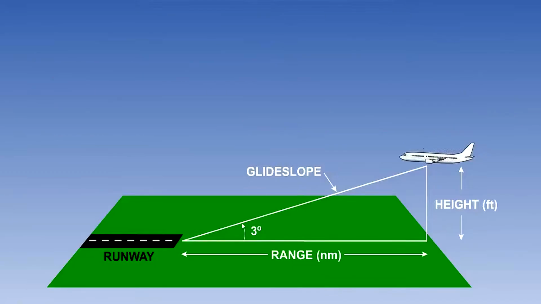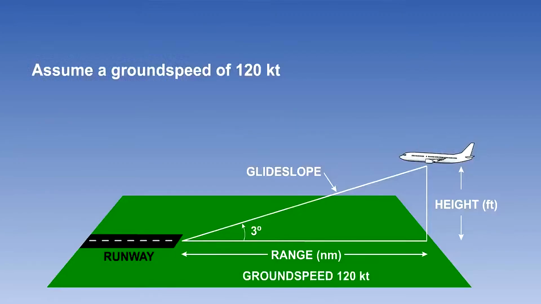Now assume that we've graduated from training and we're in a regional jet. The approach airspeed is 130 knots, and again we've got 10 knots down the runway. Our approach ground speed is now 120 knots. What range will we be at 1 minute to touchdown? Two miles.